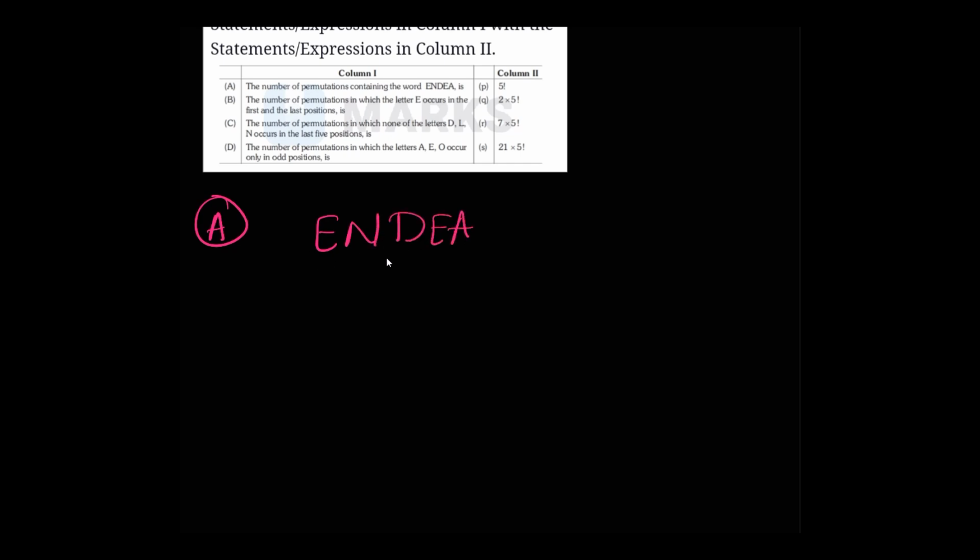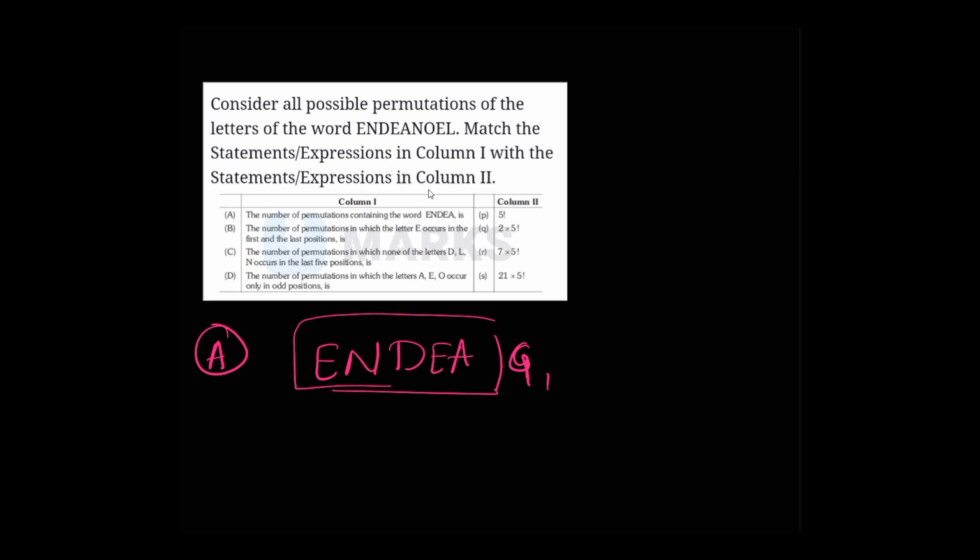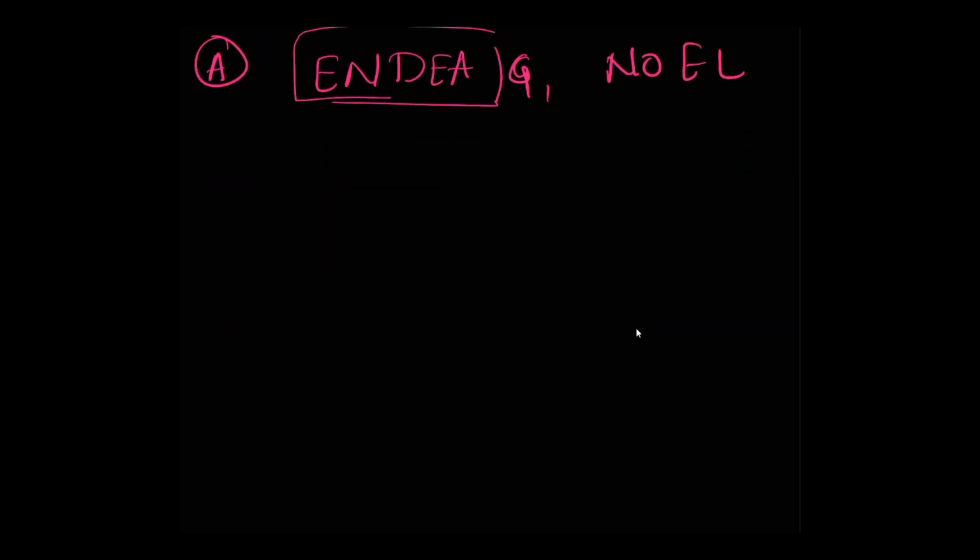ENDEA. Let us take this as a whole, as group 1. Then the remaining letters will be N, O, E, L, and all are different.